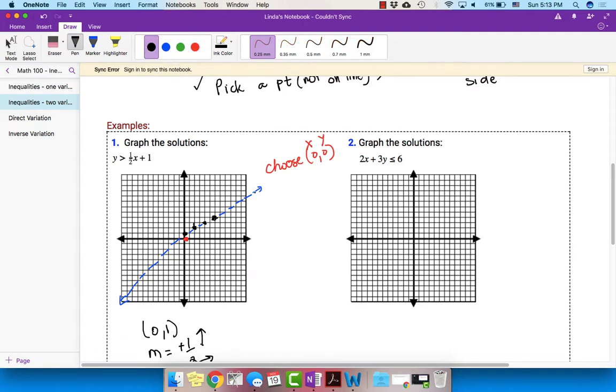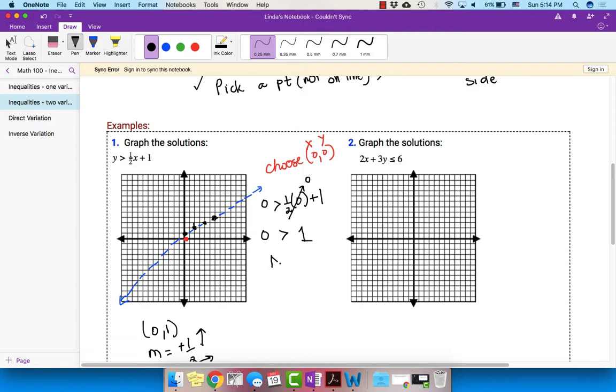So y equals 0, is it greater than 1/2 times x, also 0, plus 1? When I simplify this, it says 0 is greater than 1. Is that true? Is 0 greater than 1?